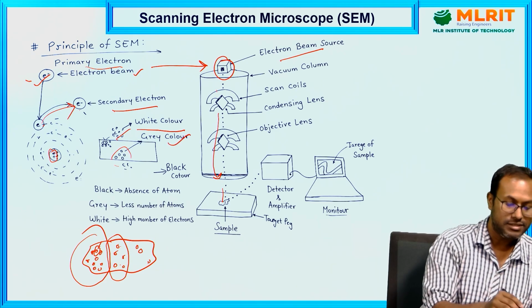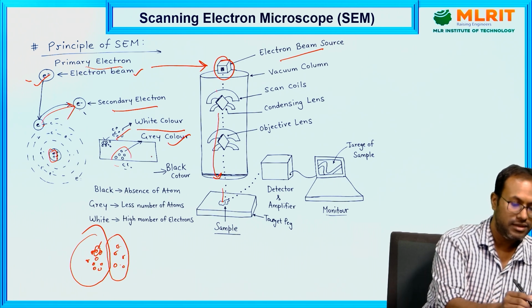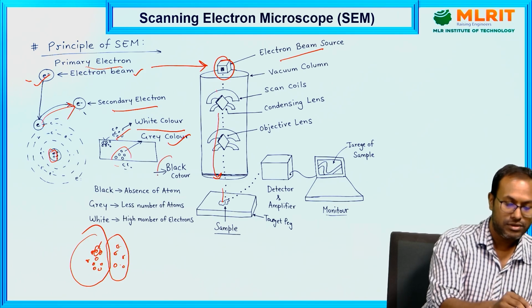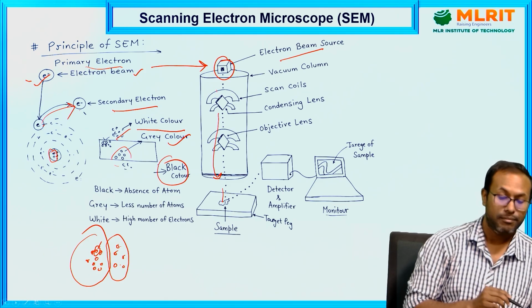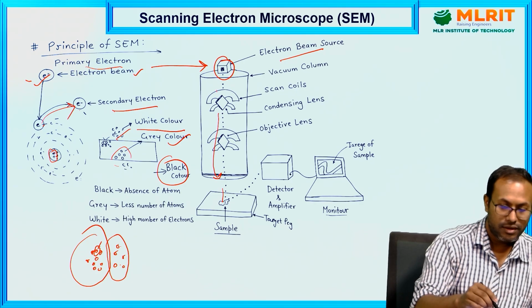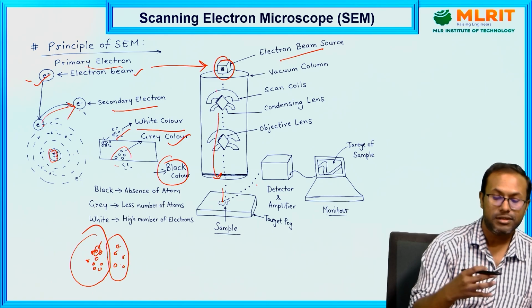In some places there are no atoms, so no electrons will come out, and it will give a black color. So in this way the detectors will count the number of secondary electrons.